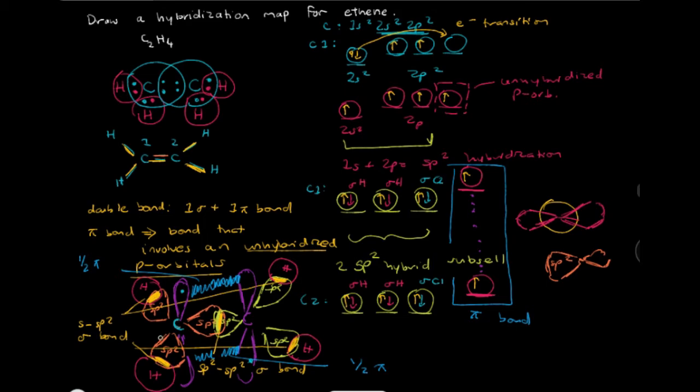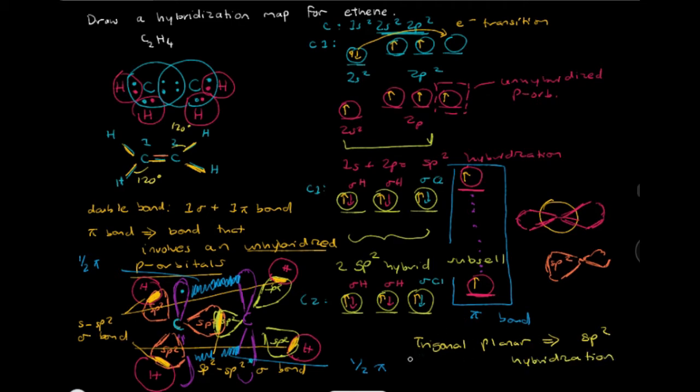And this is basically how you can represent this using a hybridization map. You can also think about the structure in terms of VSEPR: this would be trigonal planar, so this should be 120 degrees, and this also is 120 degrees. A common idea to understand is that if trigonal planar is your electron geometry, this is associated with sp2 hybridization.